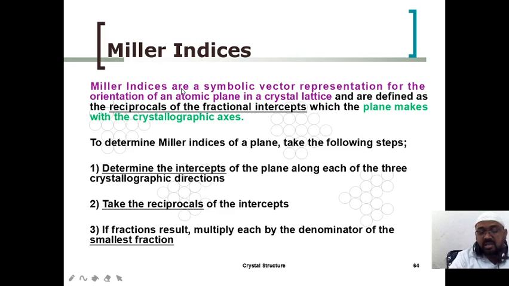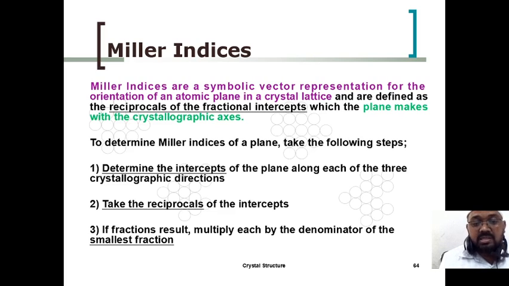So Miller indices here are nothing but a symbolic vector representation which have the same ratio as their reciprocals, right? So what is actually Miller indices? If you want, you can just write it down, make a note of it: Miller indices are three smallest possible integers.